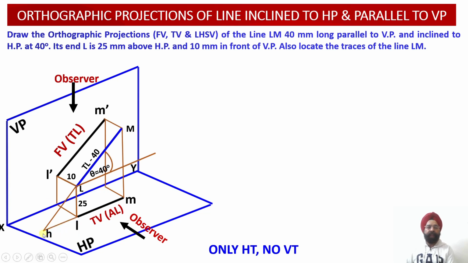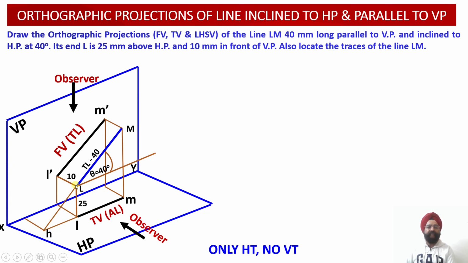The moment we obtain this point H, which is the point of intersection of the extension of this line LM with the horizontal plane, we are going to draw the perpendicular projection from this point of intersection.